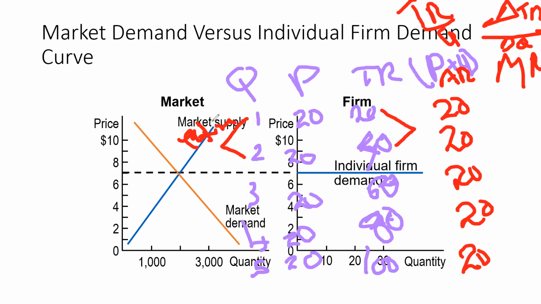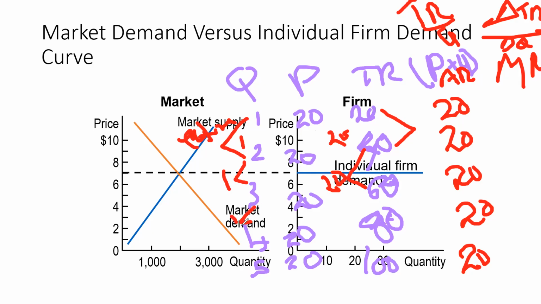From one product we earn 20, by selling the second one we earn 40. So by selling one extra unit, how much do we additionally earn? 20. Delta TR divided by delta Q, right? From 2 to 3, the extra 1 unit, how much do we derive as marginal revenue? Again 20, right?